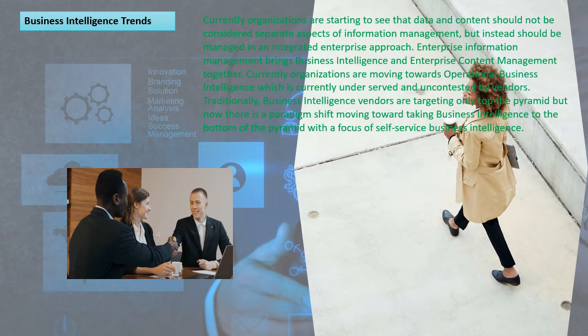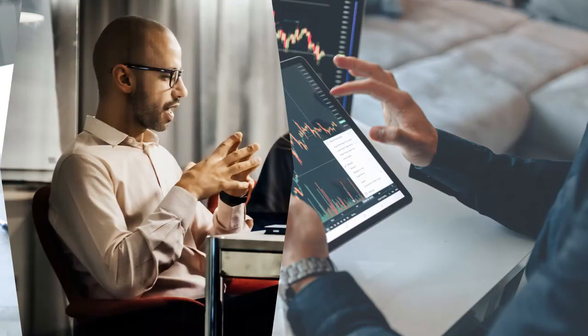Currently, organizations are moving towards operational business intelligence, which is currently underserved and uncontested by vendors. Traditionally, business intelligence vendors targeted only the top of the pyramid, but now there is a paradigm shift towards taking business intelligence to the bottom of the pyramid with a focus on self-service business intelligence.